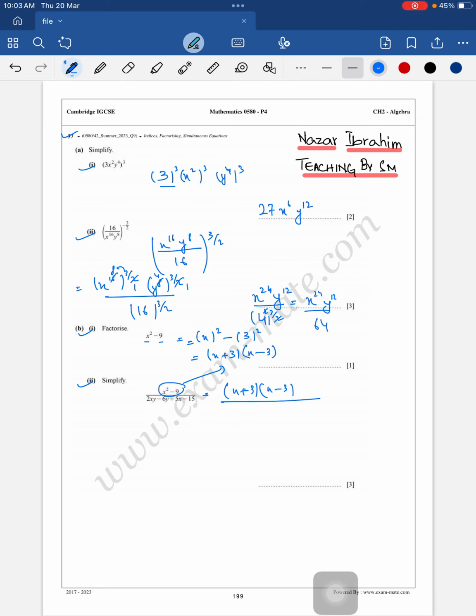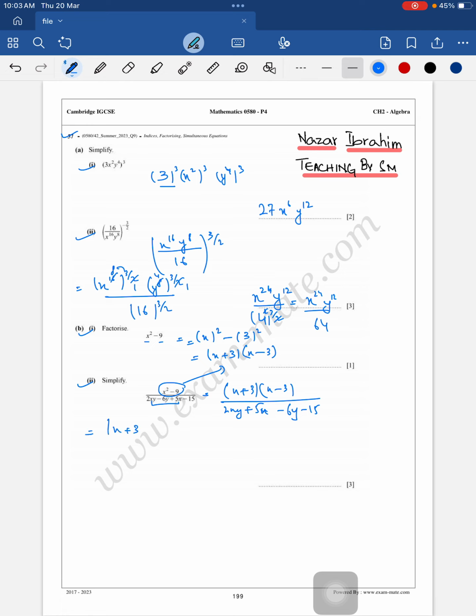In the denominator we have 4 terms, so we have to think of the combination of 2 terms which will make the brackets the same. If I notice this term and this term, that is 2xy plus 5x, having x common, 2y plus 5 will be inside the bracket, and minus 6y minus 15, so that will make the bracket the same.